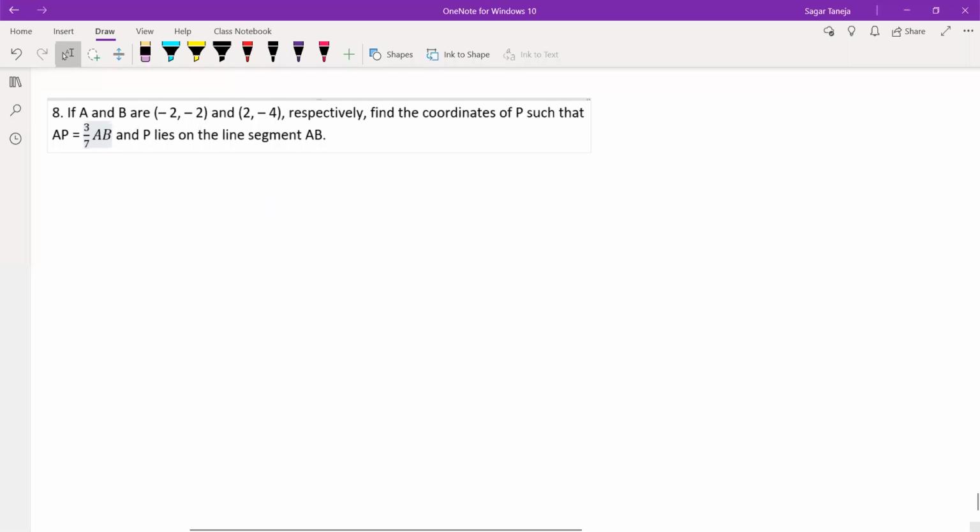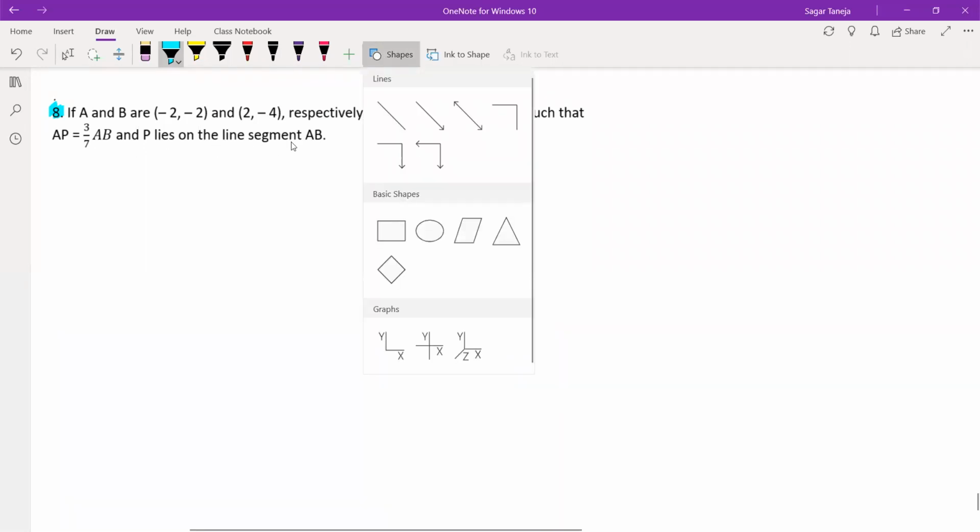Question number 8. If A and B are this and this, find the coordinates of P such that AP is equal to 3 by 7 AB, and P lies on the line segment AB.